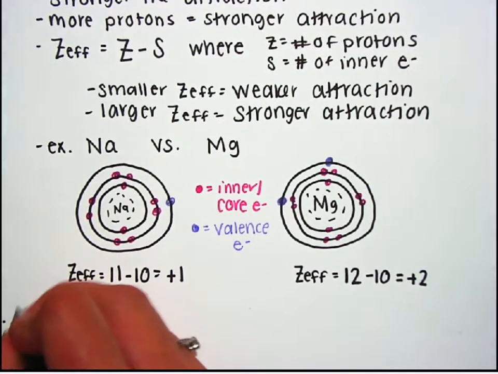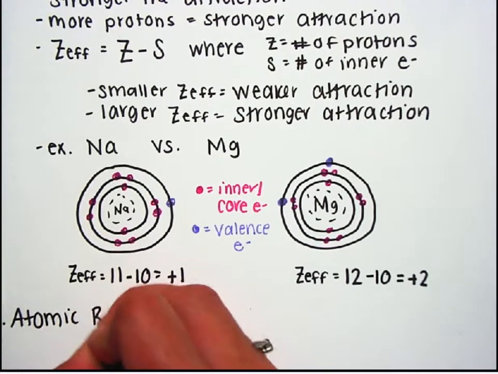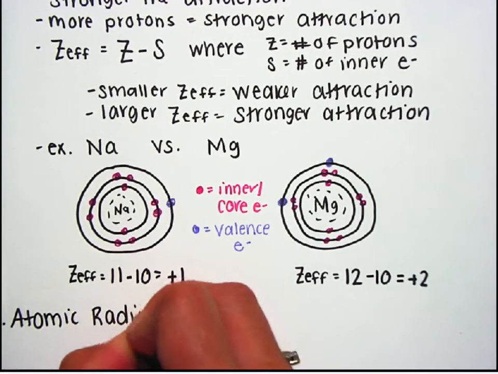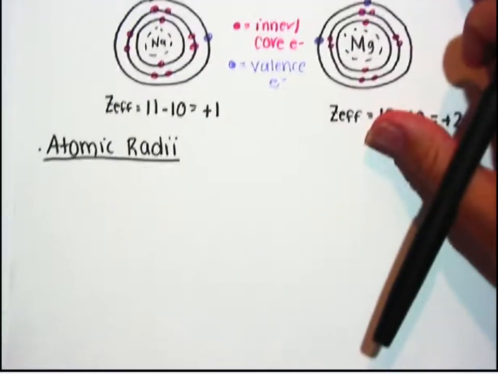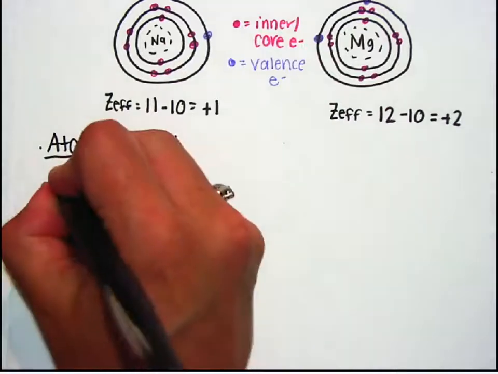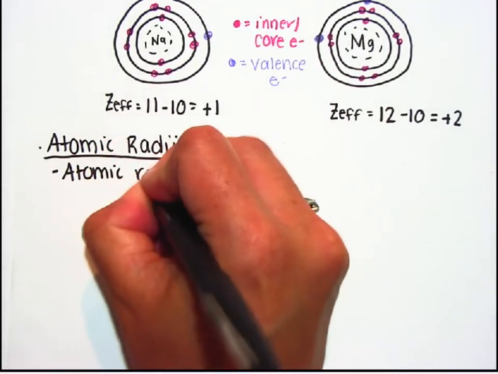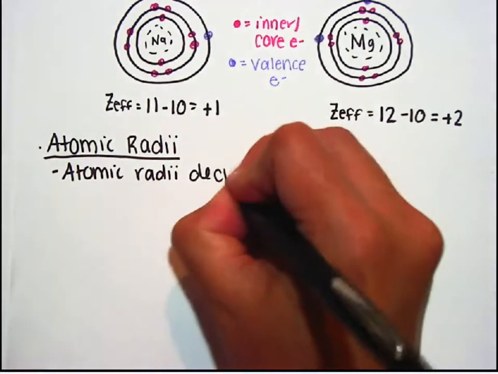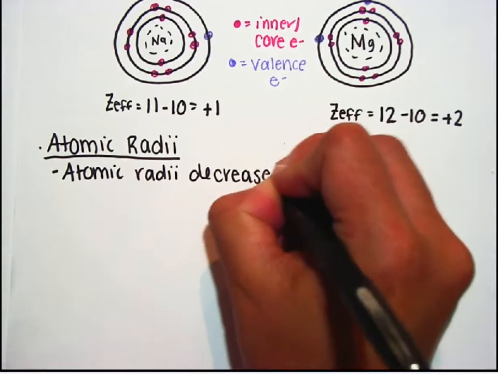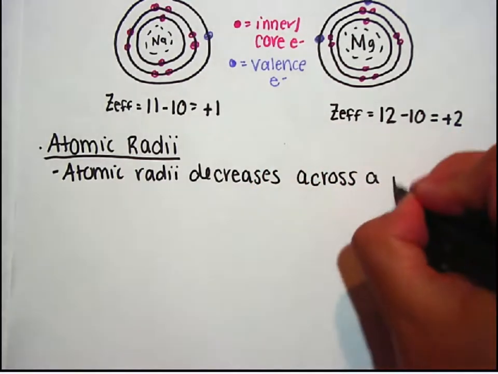So the first property that we are going to talk about is atomic radii. The trend: atomic radii decreases across a period.